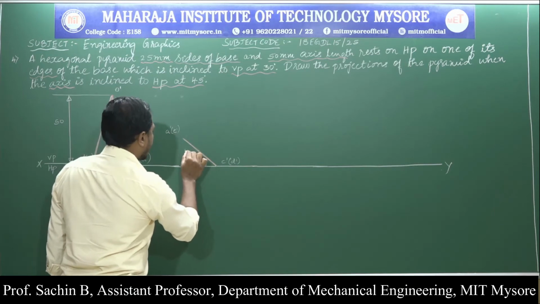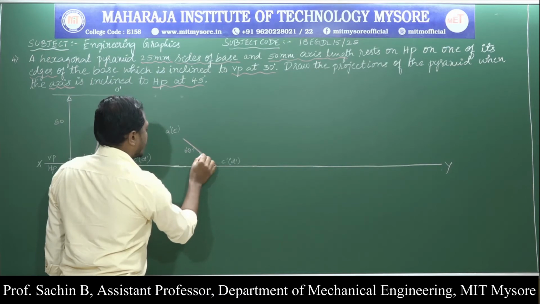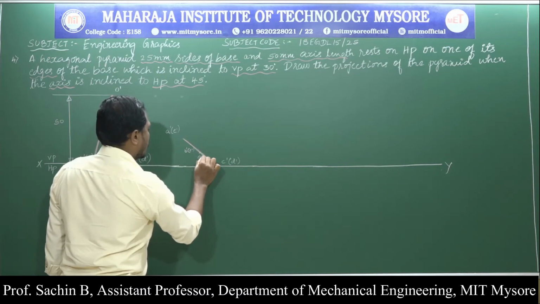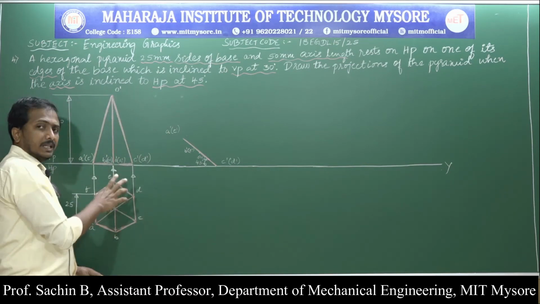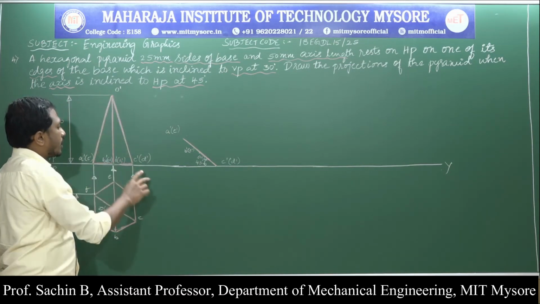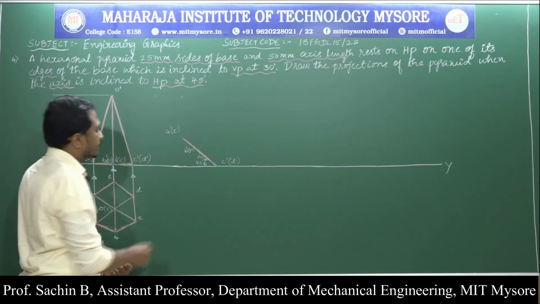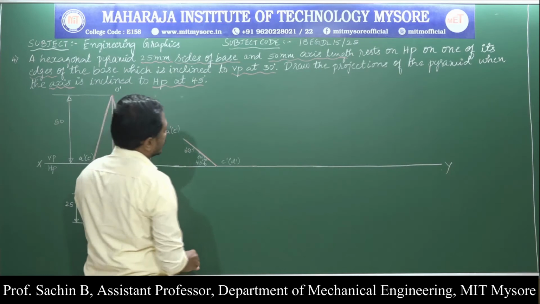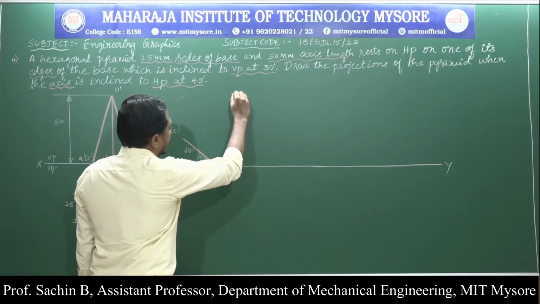Again, I will name it as B dash to E dash. Next, O dash to O1 dash. Next, I will measure the slant edge A dash to O dash, or from O dash to C dash, whichever may be the slant edge. I will come to A dash point.